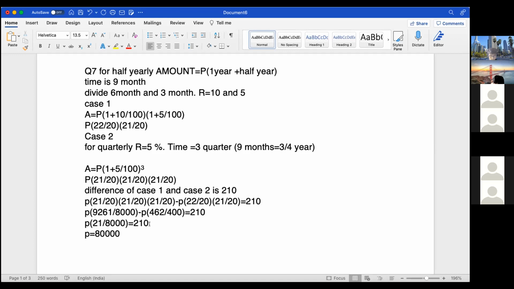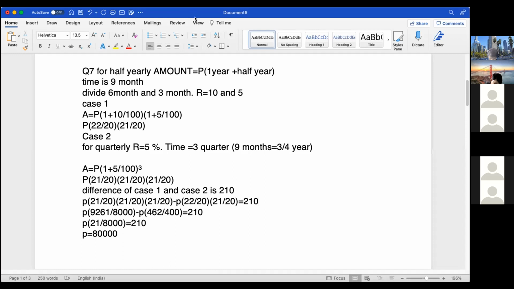Simple form में यहाँ पे तो बना बनाया calculation मिल गया है, but simplified form में if you want to do, you can do it like this also. You can take out P into 21 by 20 common, और एक 1 by 20 common.